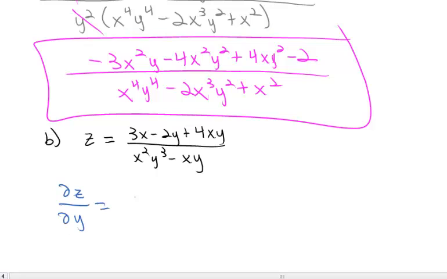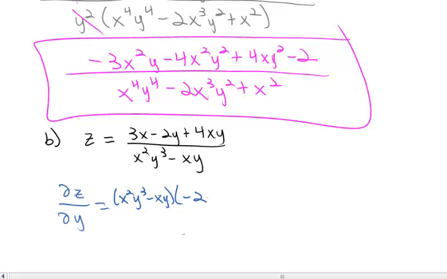So low d high minus high d low, square the bottom, and away we go. The partial with respect to y, treating the x like a constant. Low, x squared y cubed minus xy. D high, the derivative of the top, the 3x is a constant, that's gone.